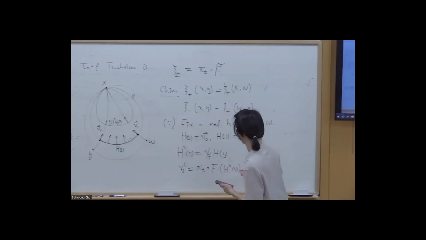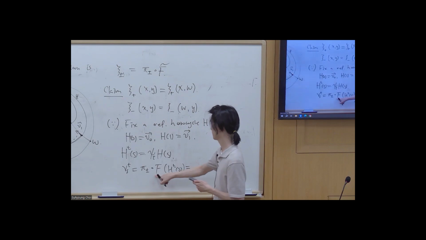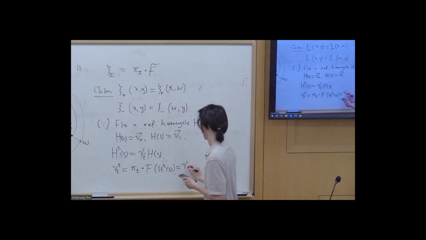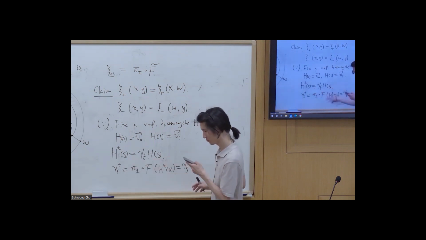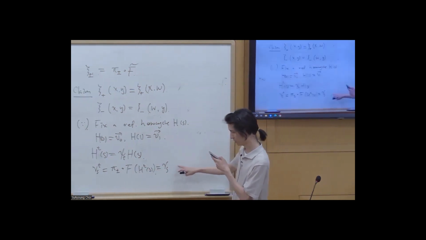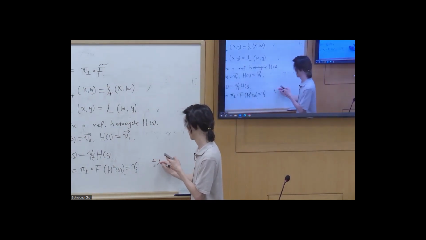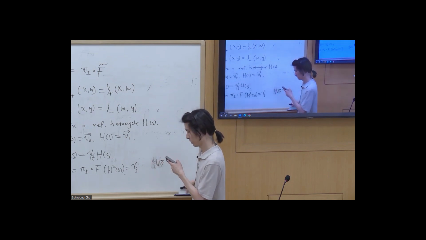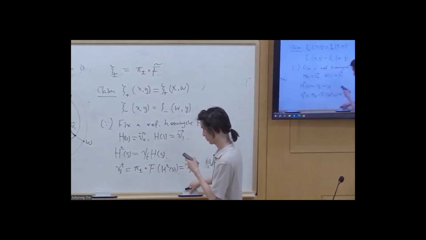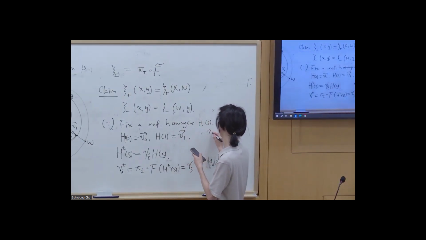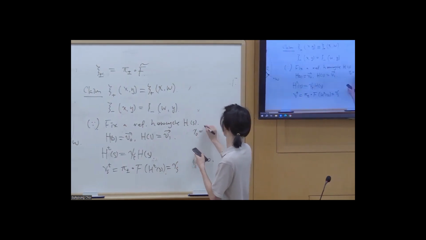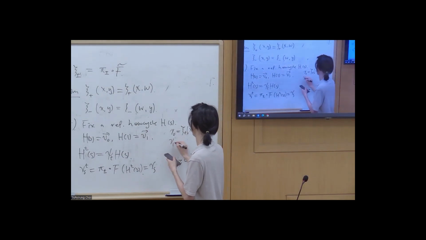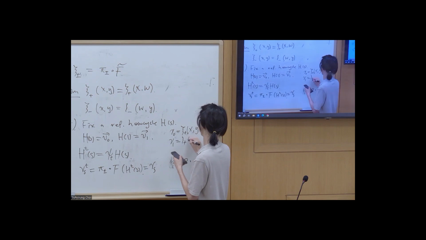I put t here, but because F is flow invariant, this is actually independent of t. So I can just write it in this way. And you can observe that gamma of 0 is nothing but xi plus of (x, y), and gamma of 1 is just xi plus of (x, w).